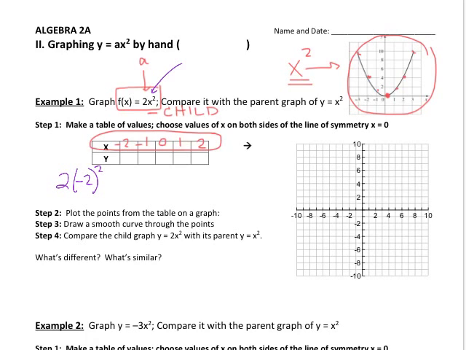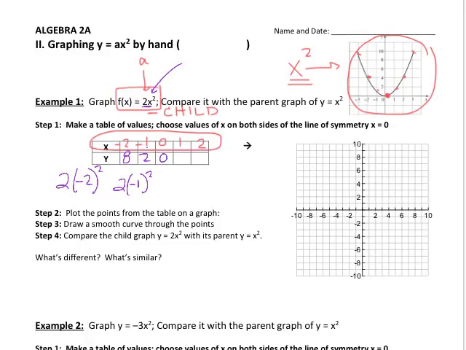So negative 2 squared is 4 times 2 is 8. So each time I look at my x value, I'm plugging it into that function. Okay, so for negative 1, I'm going to take 2, which is my number in front of x squared. I'm going to square negative 1, which is 1, and times 2 is 2. When I plug 0 into 2x squared, I get 0.